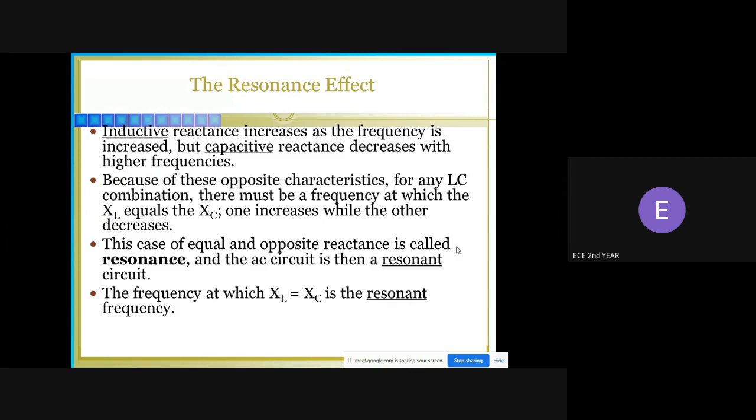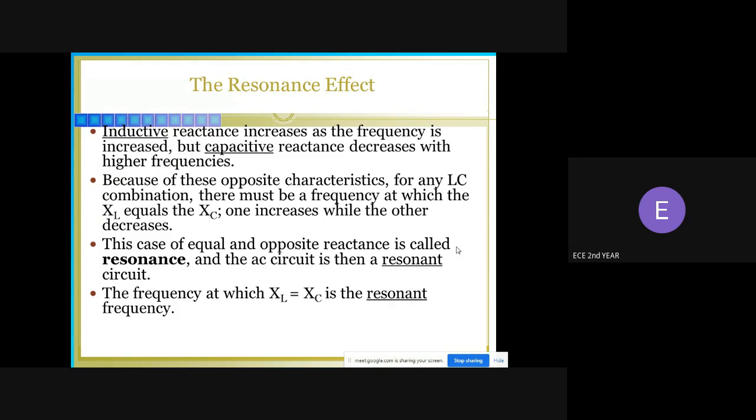When will the circuit be in resonance? The frequency at which XL is equal to XC is the resonance frequency. At which frequency the XL and the XC both get equal, that frequency we call the resonant frequency. The inductive reactance and capacitive reactance depend totally upon the frequency.